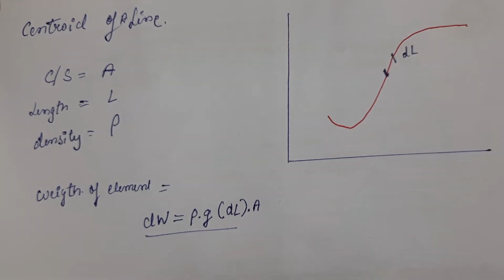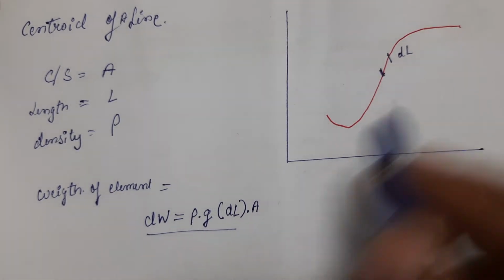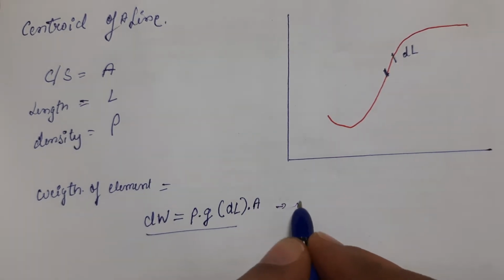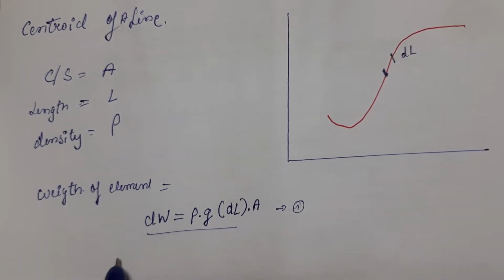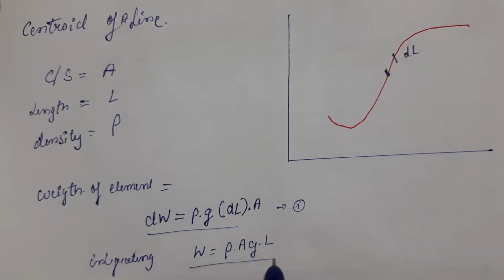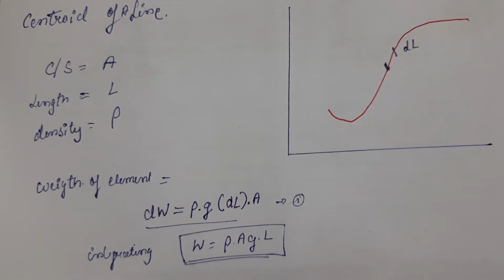Now the entire weight of the wire, by integrating this equation, let us take this equation as 1, what we get here is W will be equal to rho A g into L. So this is the total weight of the wire.